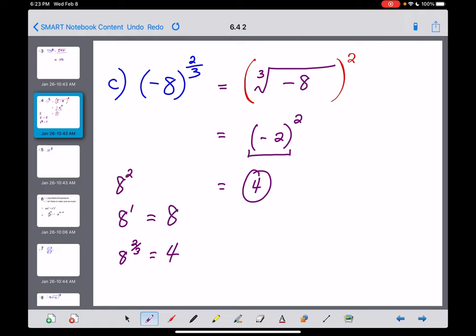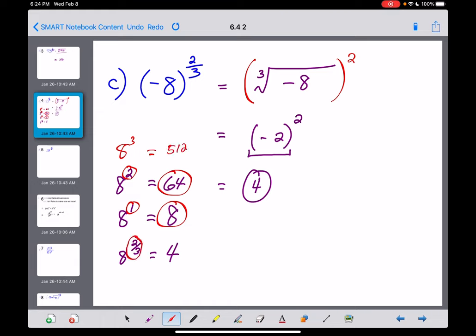And 8 squared is 64. What I want you guys to notice is that the bigger your exponent is, the bigger your product is as well. 2 is bigger than 1, and 64 is bigger than 8. And 8 cubed is going to be even larger than that 64. Let me think. That's 2 to the 9th, which I believe is 512.